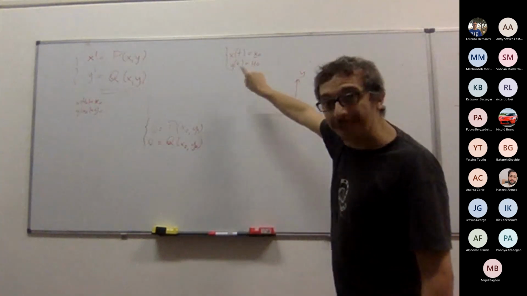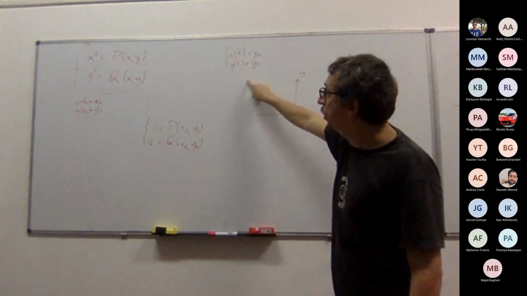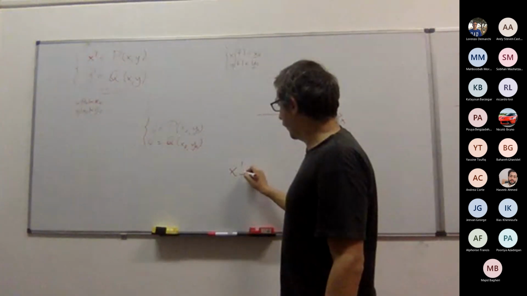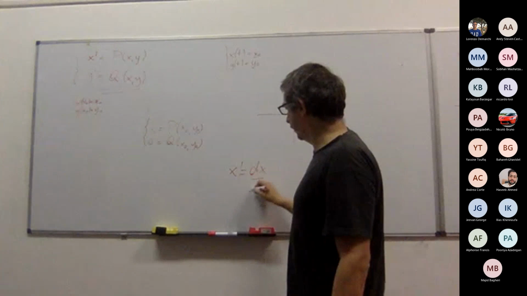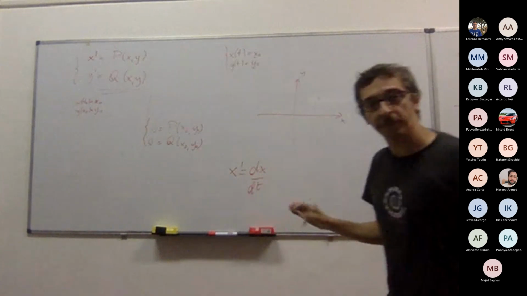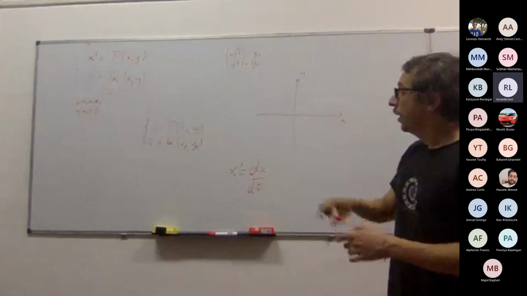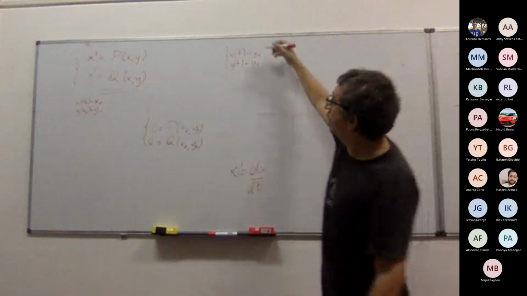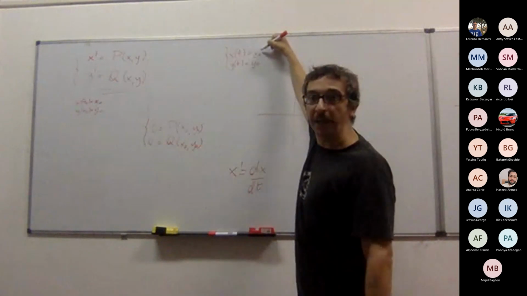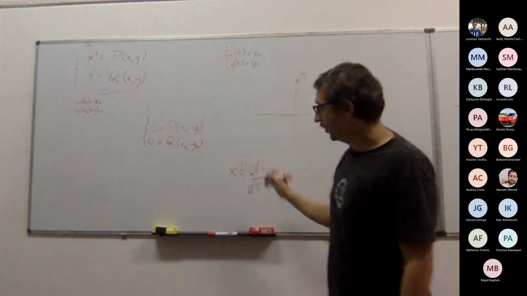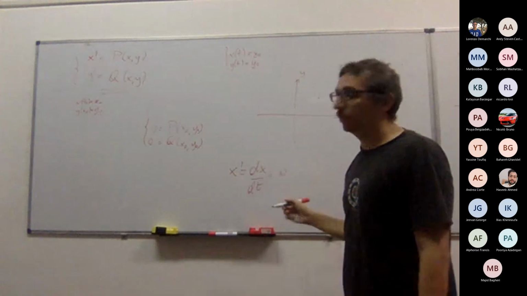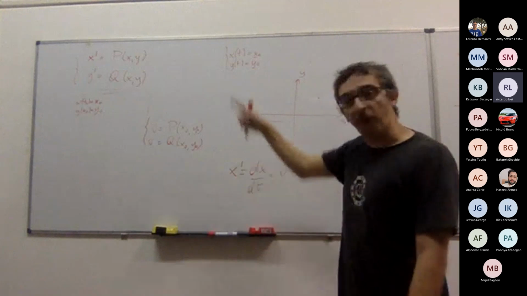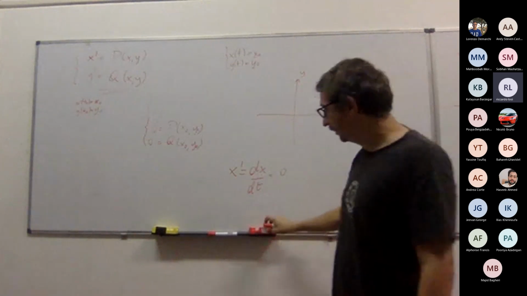This means that on this particular solution, x prime, remember what's x prime? It is the derivative of x in t. In the specific case of my solution, x of t is just a constant value, x naught. So its derivative, the derivative of a constant, is going to be zero. Okay. Thank you. Right?